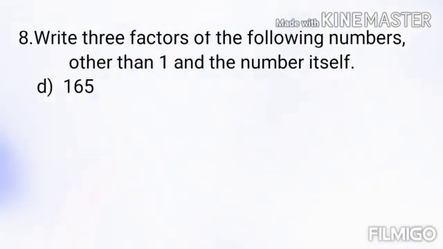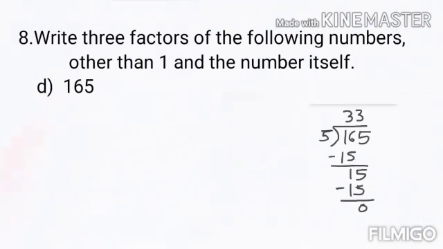You can see the last digit in the number is 5, that means it will come in the table of 5. It will be divisible by 5. So we will divide this number by 5 because we have to find more factors. 1 factor will be there, but in the question it is given to find 3 factors, which means we have to find more than 1.